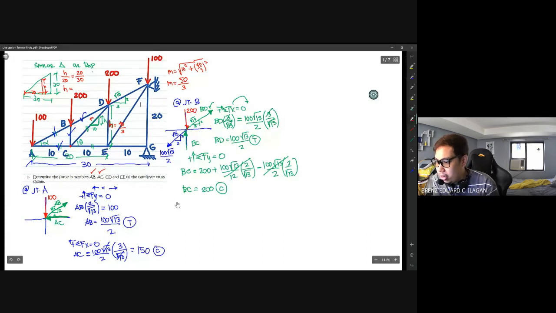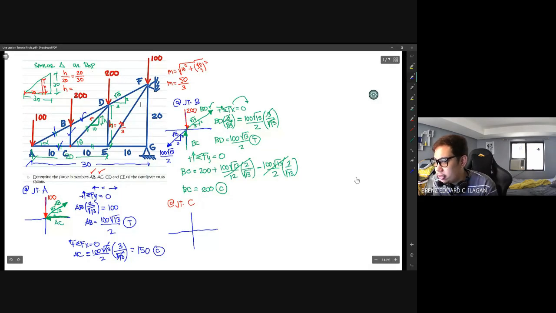So, gamitin ko ang pula. At joint C, ano yung mga forces na makikita natin dyan? Again, draw the X and Y. And then una, ilagay mo yung mga externally applied load. Pero sa joint C naman, wala. So, puro mga internal member na yan. Una mong ilagay yung mga known forces, which is BC. Sabi sa BC, that is in compression.